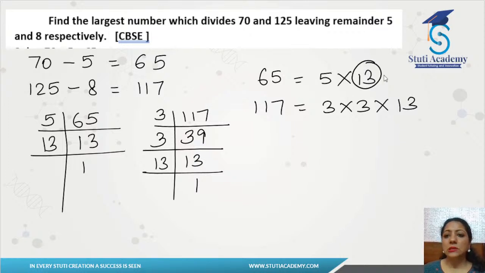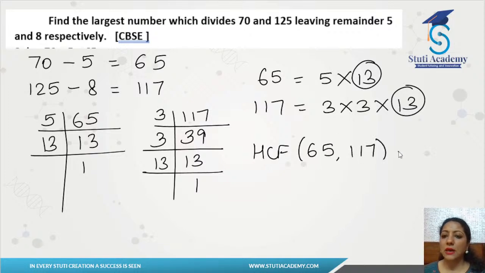Now, as we can see, 13 is the common factor of 65 and 117. It's the highest common factor actually. So 13 is the largest number which divides 65 and 117. So we have HCF of 65 and 117 as 13. 13 is the largest number which divides 65 and 117, or say 13 is the largest number which divides 70 and 125, leaving the remainder 5 and 8.